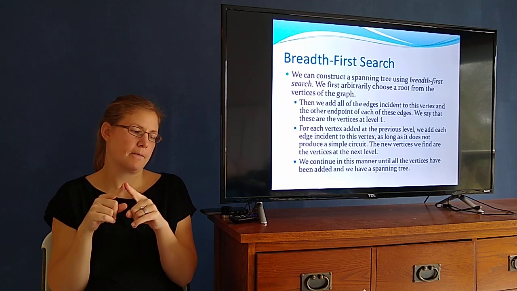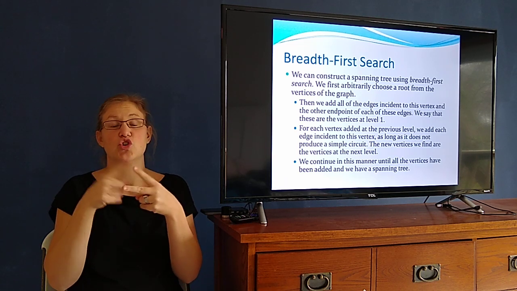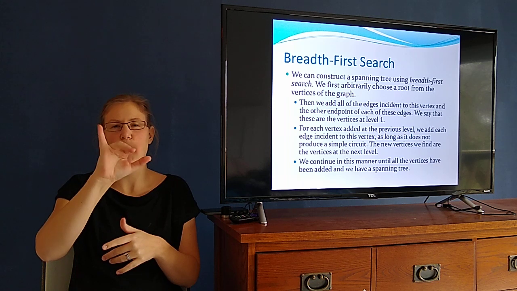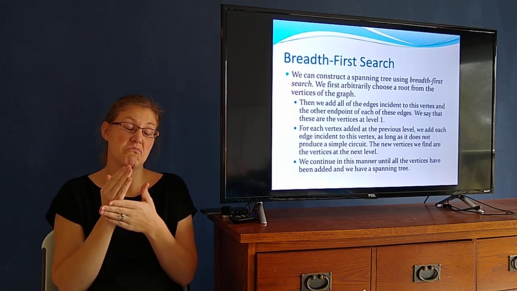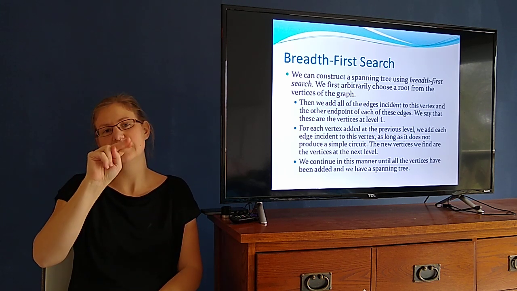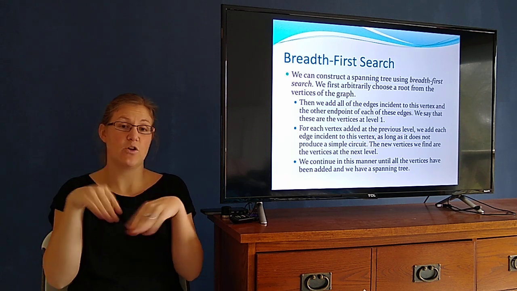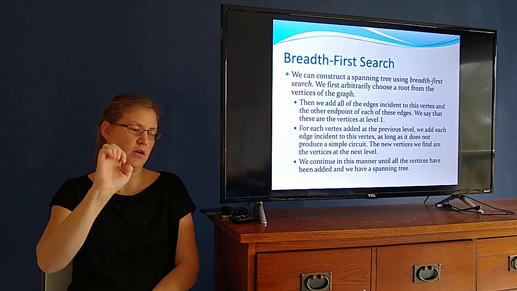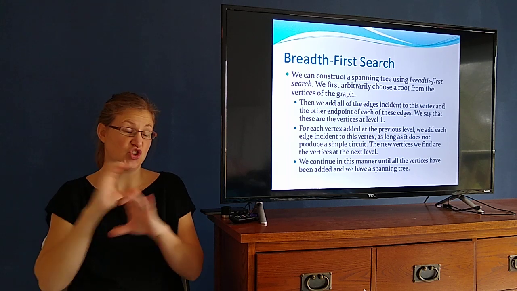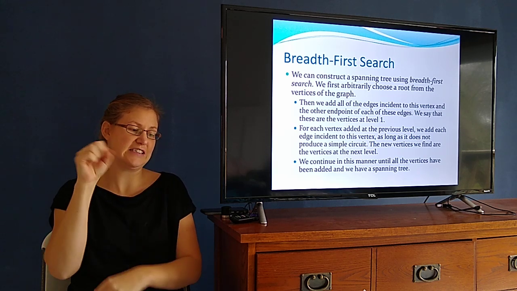So there are two algorithms that enable us to construct a spanning tree from a given graph. The first one is called breadth first search. We can construct a spanning tree using breadth first search.